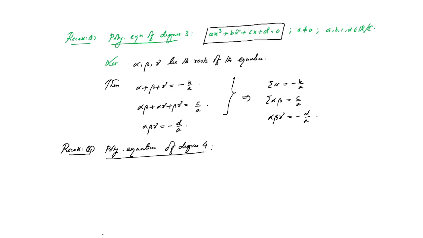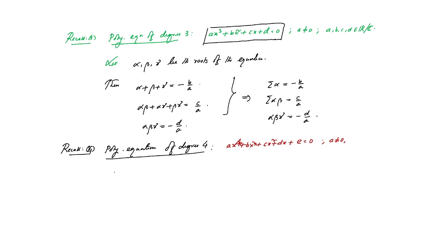So it looks like ax to the power 4 plus bx cube plus cx square plus dx plus e equals 0, where a is non-zero and all are basically coefficients, either real or complex.